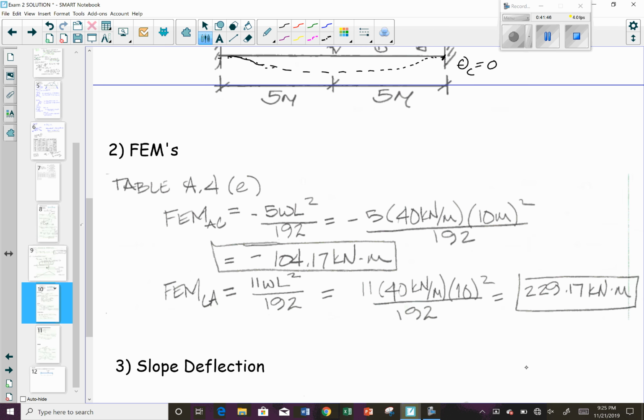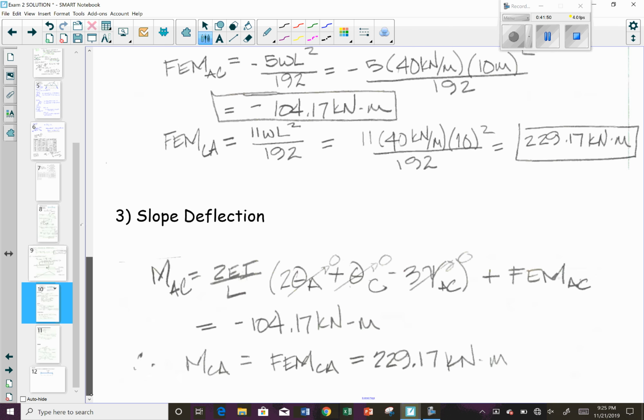That comes out to be 229.17 kilonewton meters. For the slope deflection, use your slope deflection equation. The moment at the near end, MAC, with respect to the far end, is equal to 2 EI over L times the quantity 2 theta A plus theta C minus 3 psi AC, plus the fixed-end moment AC.